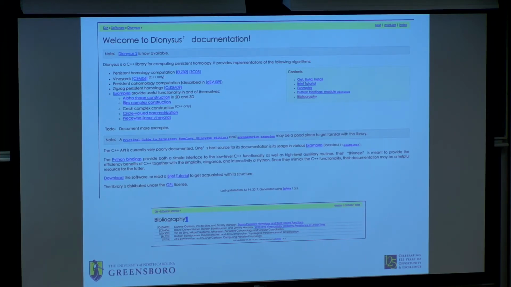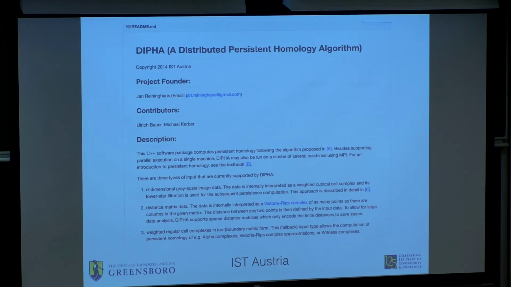So here's the question: which one should you use? Usually it's really personal taste. If you know one, then the others will be very, very similar, right? Just know the data format, then everything else will be very similar, okay? And here's some more: DIPHA. This is getting more popular, and I personally like this one better, okay?